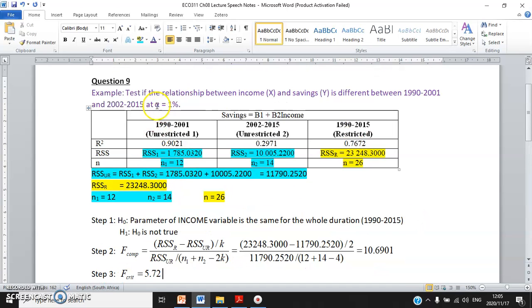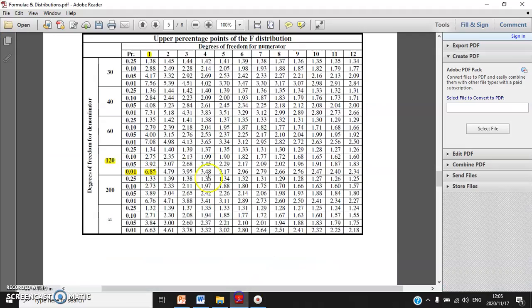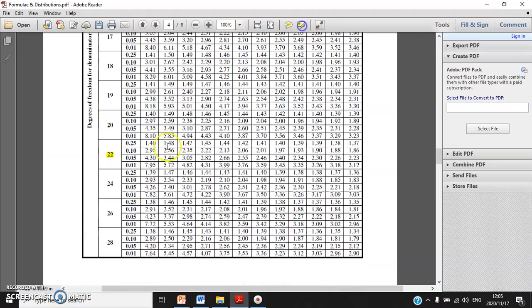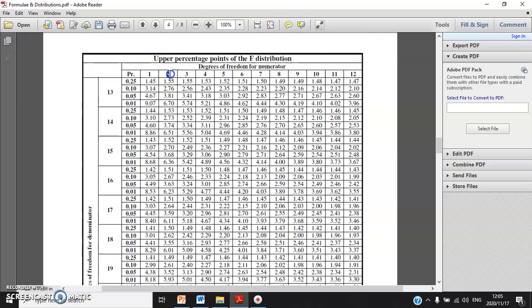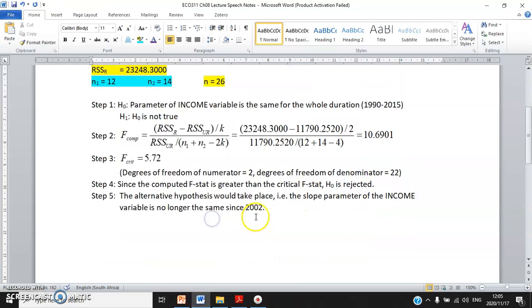Critical F-stat, remember alpha is 1%. Degrees of freedom of numerator is 2. Degrees of freedom of denominator is 22. 2 and 22. Alpha is 1%. Isn't it 5.72? Yes, 5.72.